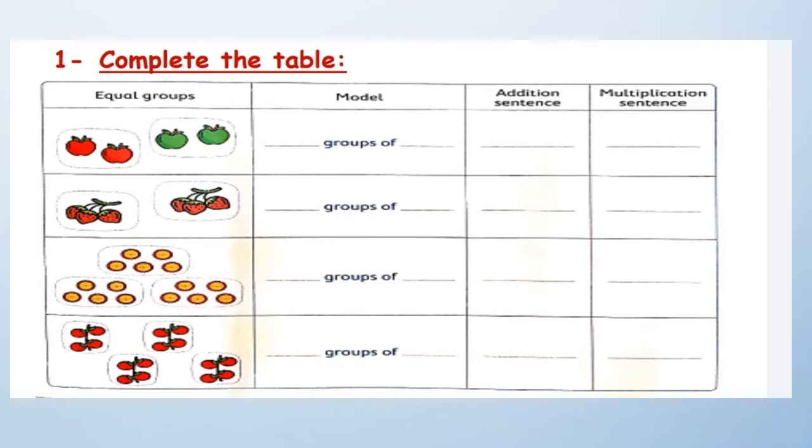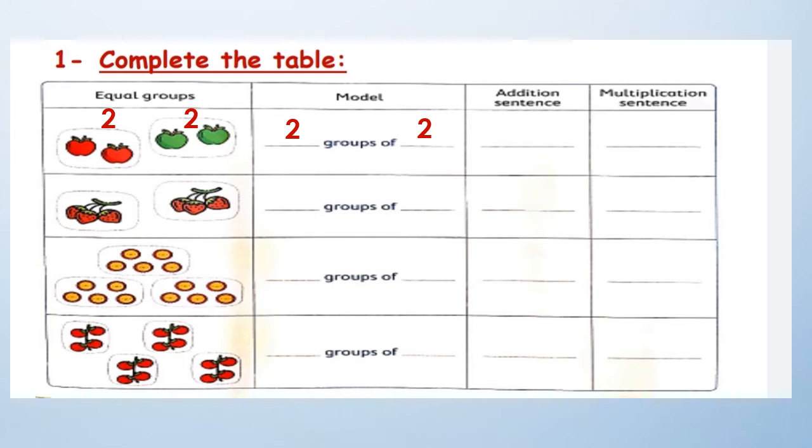Complete the table. Here we have groups. The first one, I have 2 groups, and each group has 2 apples. And here it asks me to write the addition sentence. Addition sentence means I will write plus. I have in the first group 2 items and the second group also 2 items.